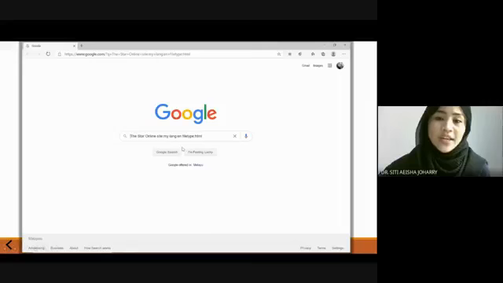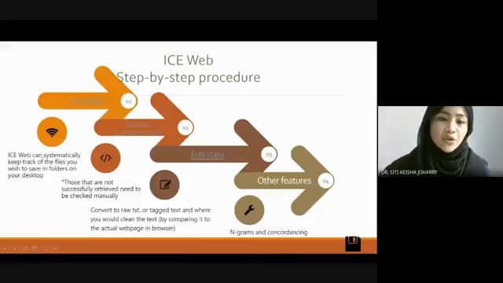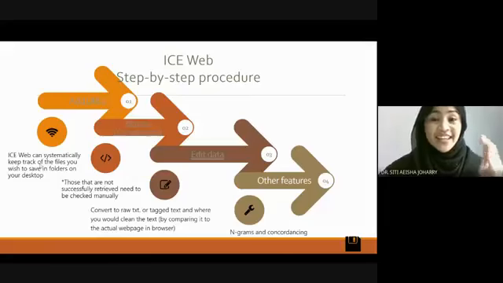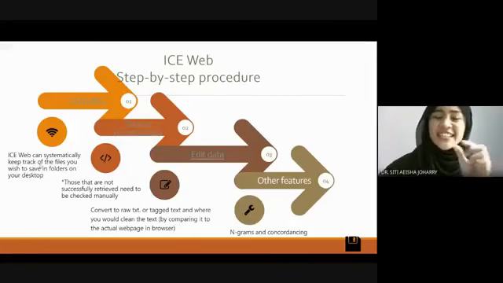But one thing I noticed that is important for this type is only because you want the tool, IceWeb, to keep track of where you save the files on your computer, and then it actually gives you those neat categories for you to use later for metadata purposes, documentation purposes.